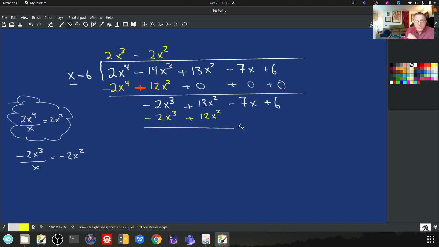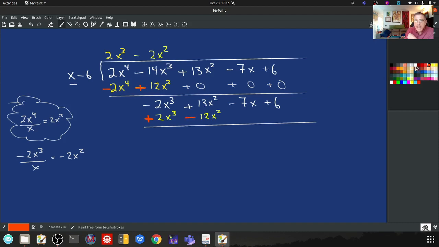Now I'm ready to do my subtraction. You can put zeros there if you want, but what you must remember to do is to change the signs and add. So the minus becomes a plus, and the plus becomes a minus.